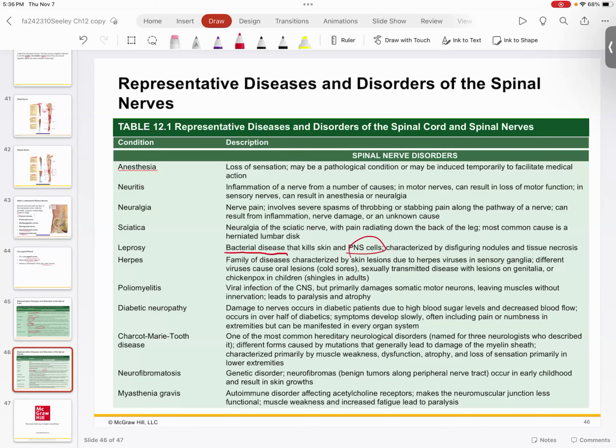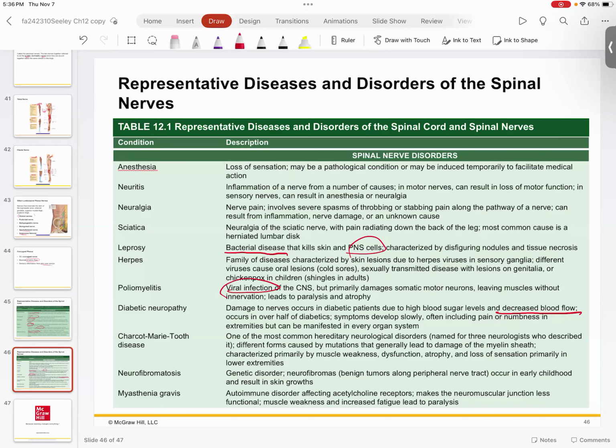Polio is a viral infection of the central nervous system. Diabetic neuropathy, basically, ultimately you have decreased blood flow because of these high sugar levels that you have in a diabetic. And ultimately that decreased blood flow can create difficulties, including numbness in the extremities and things of that nature.